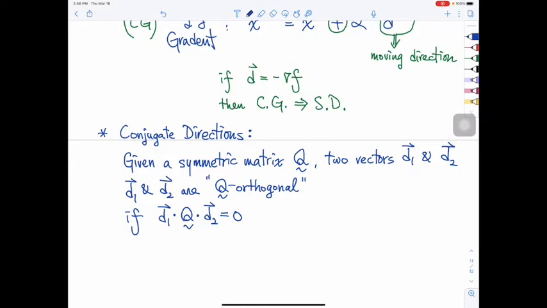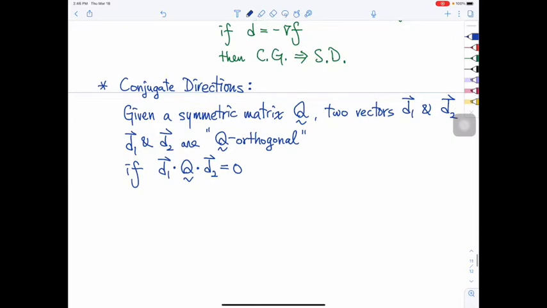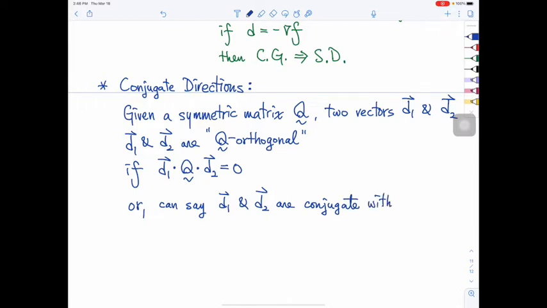Okay? And we can also say, or we can say, D1 and D2 are conjugate with respect to Q. That's another way to describe Q orthogonal.